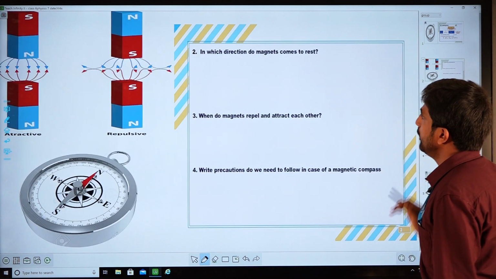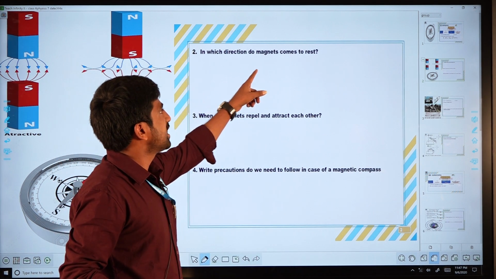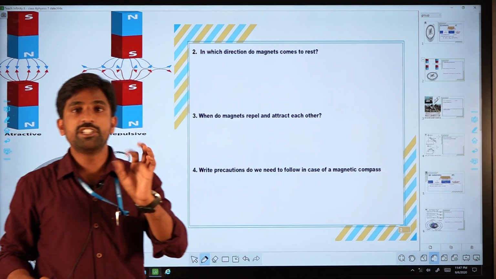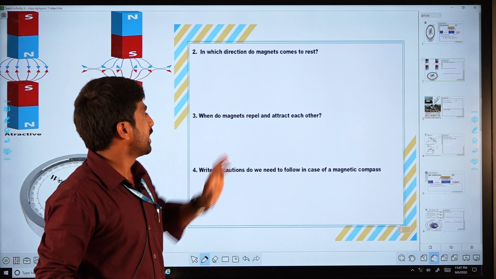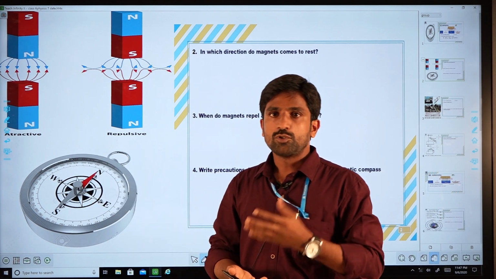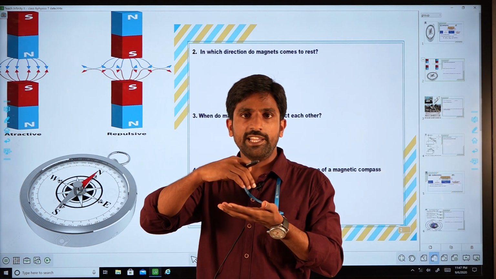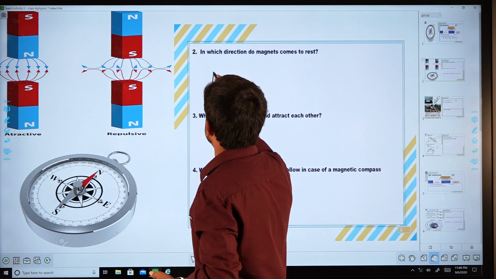Coming to the second one, in which direction do magnets come to rest? If you observe this image of a magnetic compass, if the magnetic compass is free, it always shows the north and south direction.